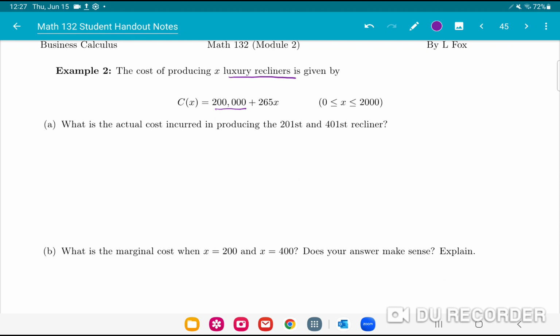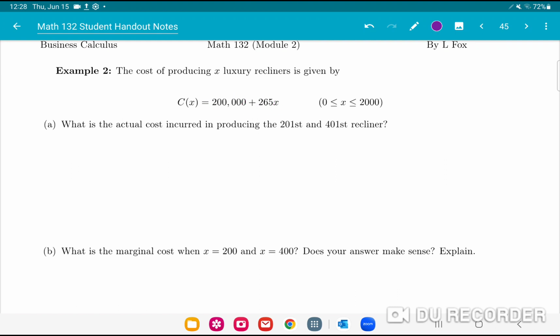This could be the manufacturing company, also including salaries of employees. But per unit, it's costing us $265 is the way we want to think about this kind of cost function. So this is fixed cost, and that's a variable cost is what we call it, per unit.